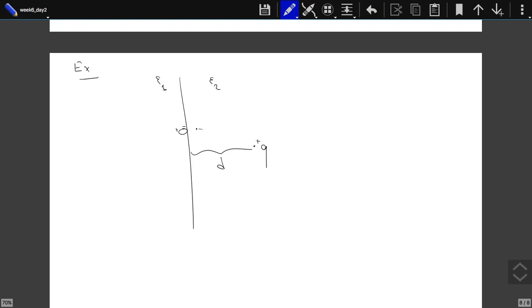The first medium will have dipoles, which will look like this. Forget about the homogeneity, it looks as if the first medium, where the permittivity is epsilon 1, if you just imagine the surface, will look as if it is charged, just like a conductor.